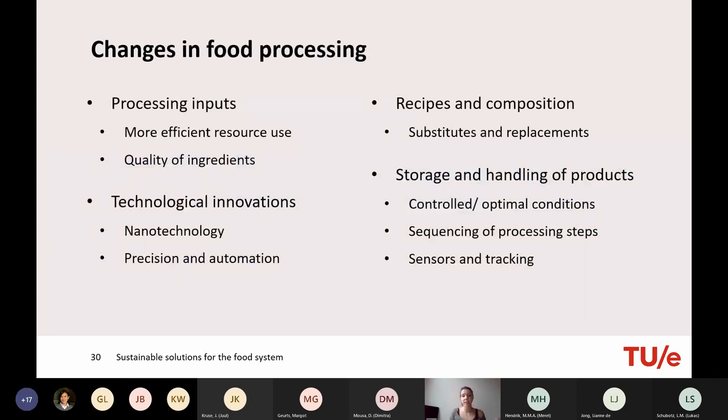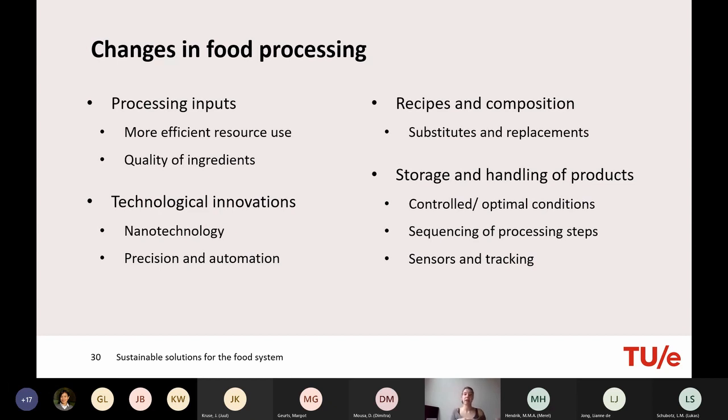Then we can think of changes in food processing by using different inputs for processing, such as the quality of ingredients, making more efficient resource use within this context. We can, for example, also think of what quality an ingredient needs to have.